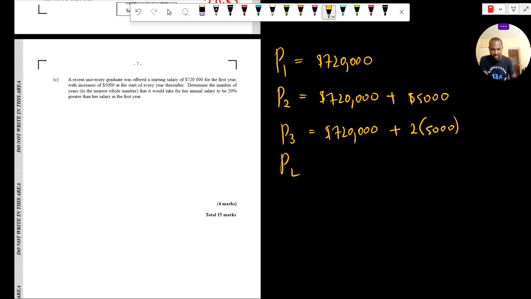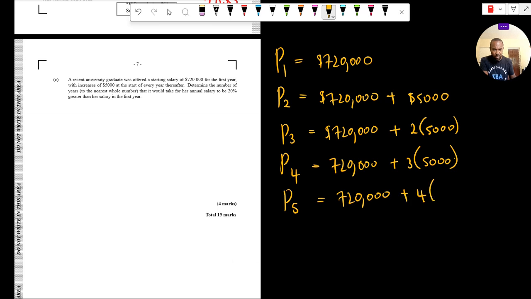Now, for year four, let's call our salary P4. This would be 720,000 plus 3 times 5,000. And we can do it one more time. We can say that our salary for year five would be equal to 720,000 plus 4 times 5,000.